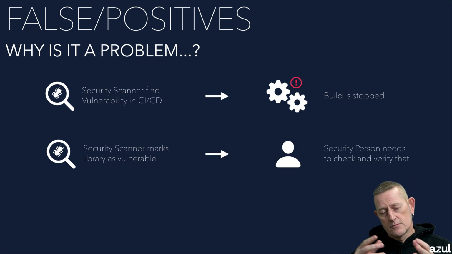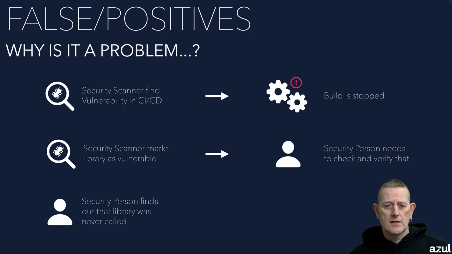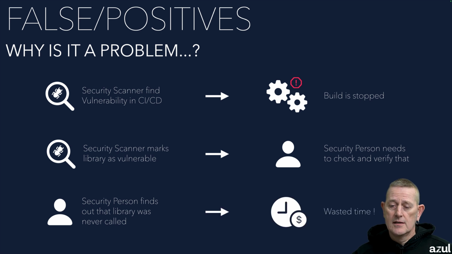Then it will be passed on a list, and this list has to be used by a security person, and this person has to check and verify if this vulnerability is used. Then the security person, after some time, figures out, okay, we never really use this library, so we are good. We can flag this library as okay to use, right? That means we wasted a lot of time just because the CI/CD scanner assumed that there might be a vulnerability which is critical for our application and stopped the build.